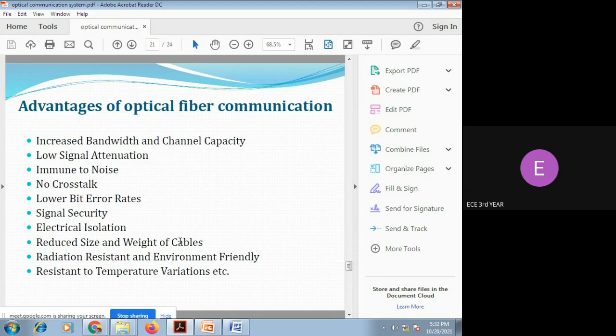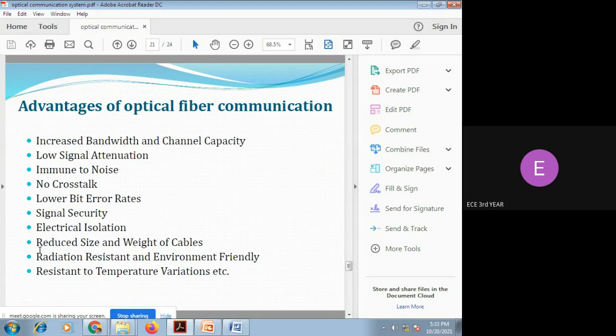Since we use different wavelength ranges, it is not possible to interfere with the adjacent channel, so no crosstalk occurs. There are lower bit error rates, and signal security, because using wavelength, the signal will not be hacked by any other person, so the signal security is high.